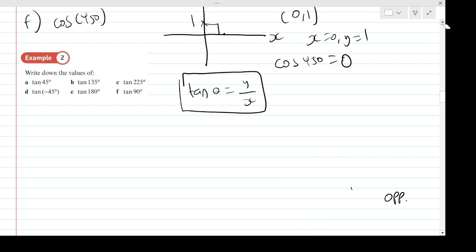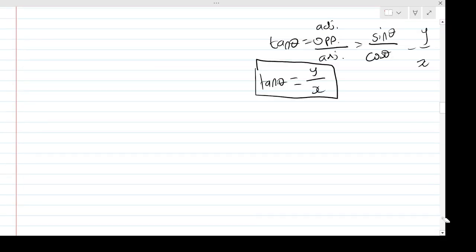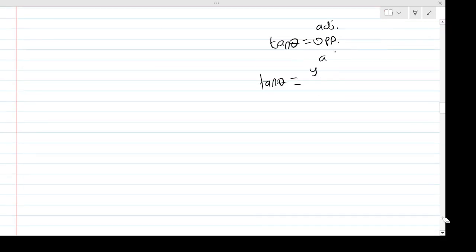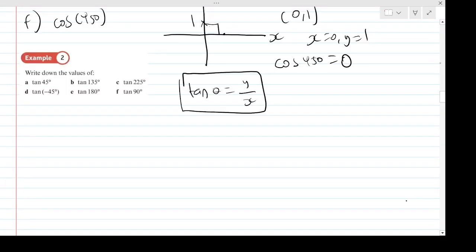Okay, so let's put that into practice then with these questions. So firstly, we need to find the value of tan 45. So again, we're going to consider the 45 angle. So we're going to go 45 across here, and the angle then will be somewhere there, right? 45.